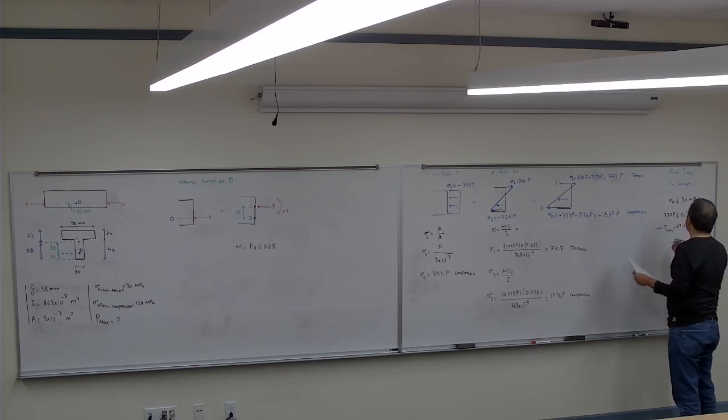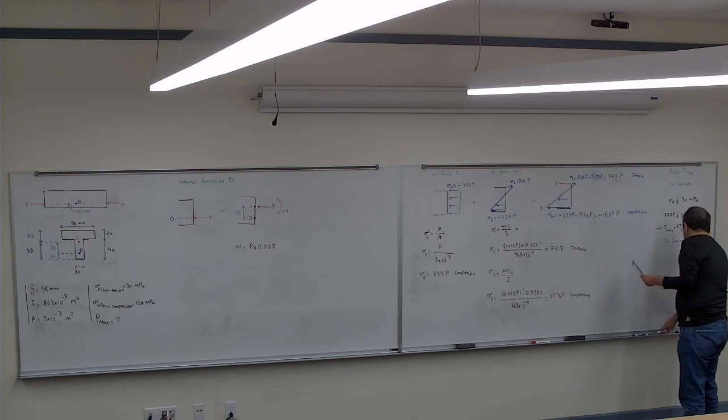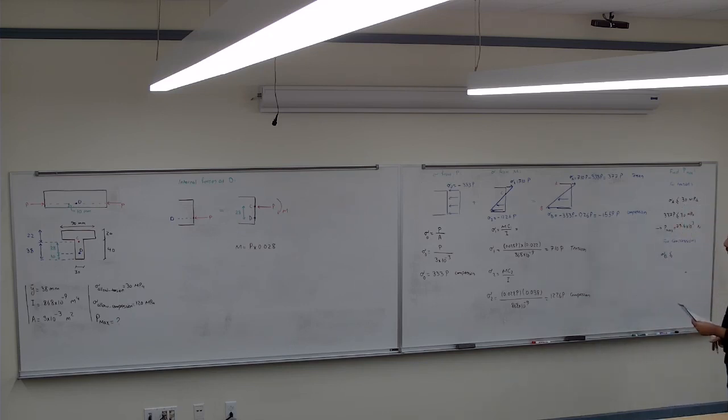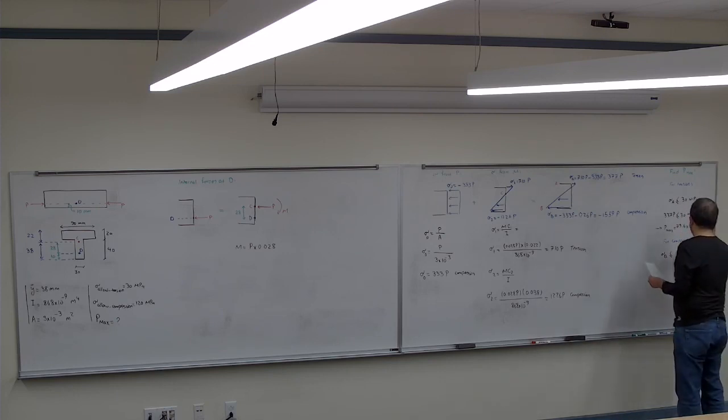For compression, the sigma at B should be smaller than 120 megapascal.